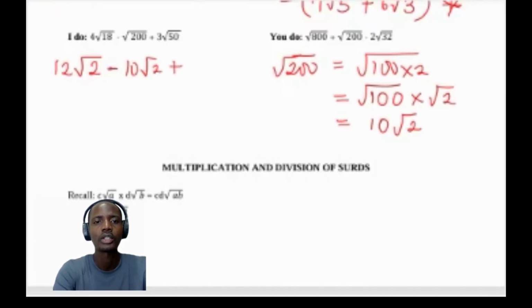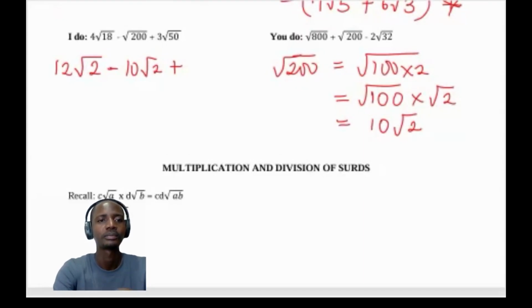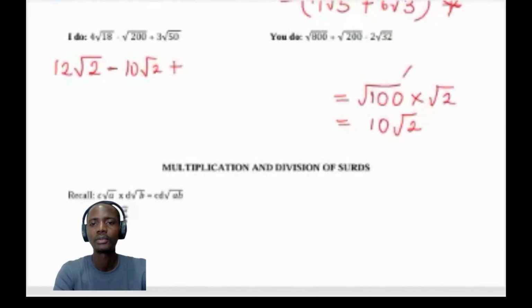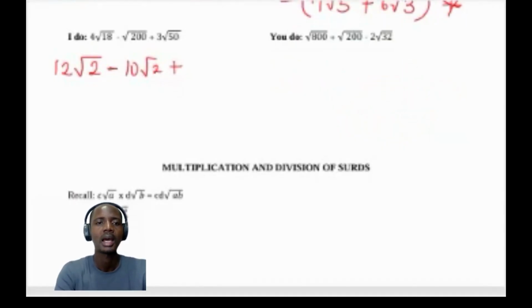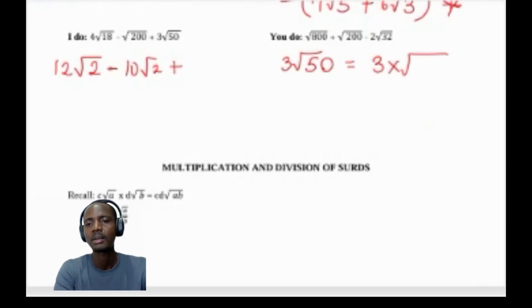Now, plus, so what do you think 3 root 50 will be? You pause the video and give the answer to that. Okay, so 3 root 50. We can have 3 root 50 as this. 3 times root, 2 numbers are multiplied, that is 25 times 2.